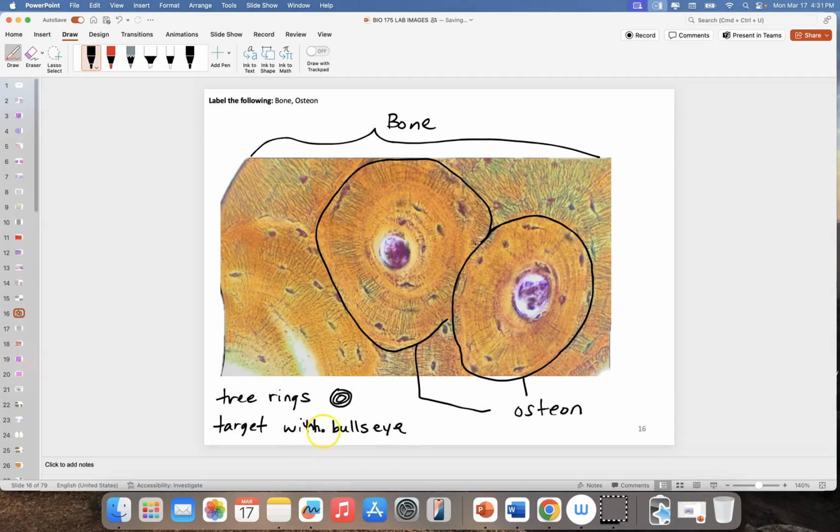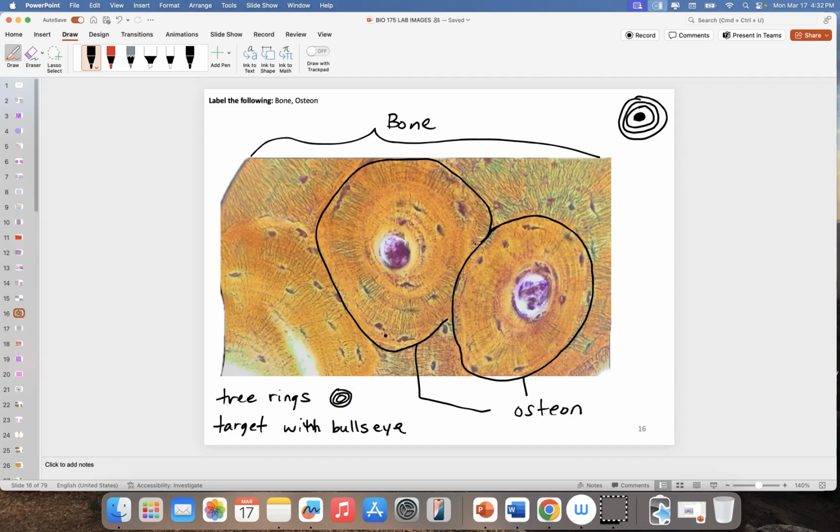And I kind of like that one because that also demonstrates what we are looking at, because we can see that we have these rings, and then we do have a circular bullseye type structure in the middle of that osteon. So this is kind of like the bullseye, and then around it are the other rings on the target or dartboard. Or again, if you like the tree ring analogy, then that is fine as well.